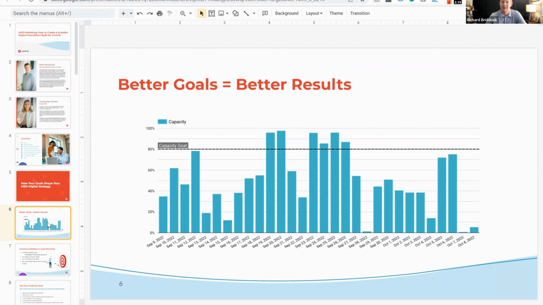In order to do that, you have to have well thought out goals that are measurable, that are attainable, that actually meet the needs of the business, that your entire team has alignment on and believes in, and that are shared throughout the organization. So you're all aiming towards the same thing.